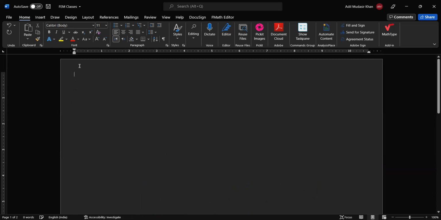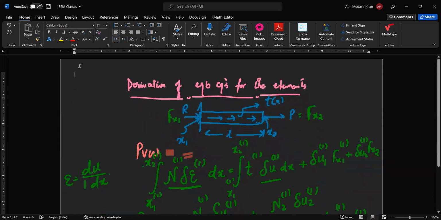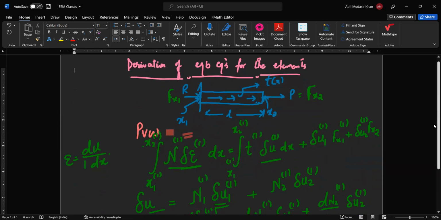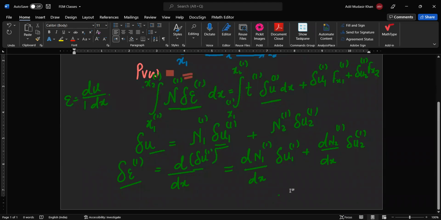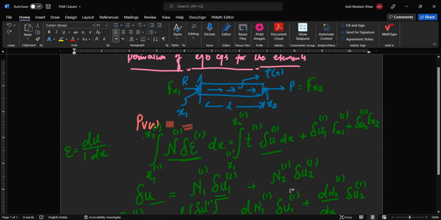But this is the typical mathematics that we are trying to formulate over here, and it's not going to be ineffective in any way.